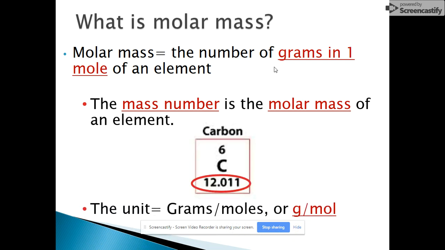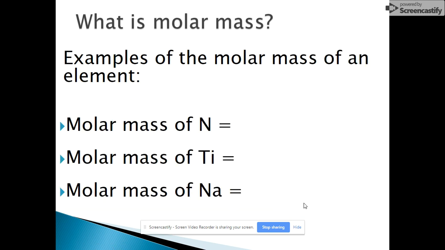So in this case, carbon has a mass number of 12.011. So that means 1 mole of carbon atoms would weigh 12.011 grams. And when we talk about molar mass, we use the unit grams per mole, or g/mol. So how many grams per 1 mole of the substance?